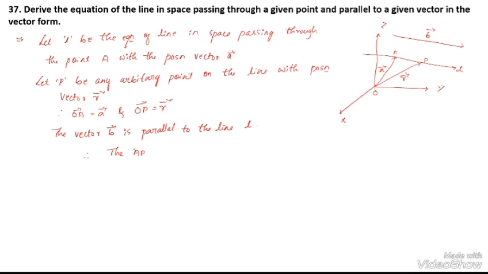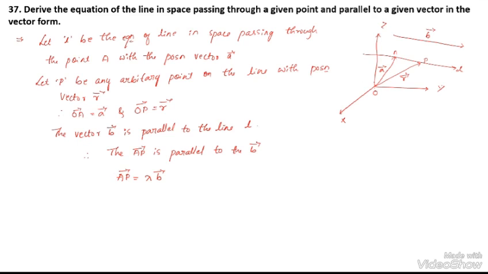The vector AP is parallel to vector b. Therefore, I can write vector AP equal to lambda into vector b, because they are both parallel to each other. So the equation becomes vector AP is equal to lambda into vector b.